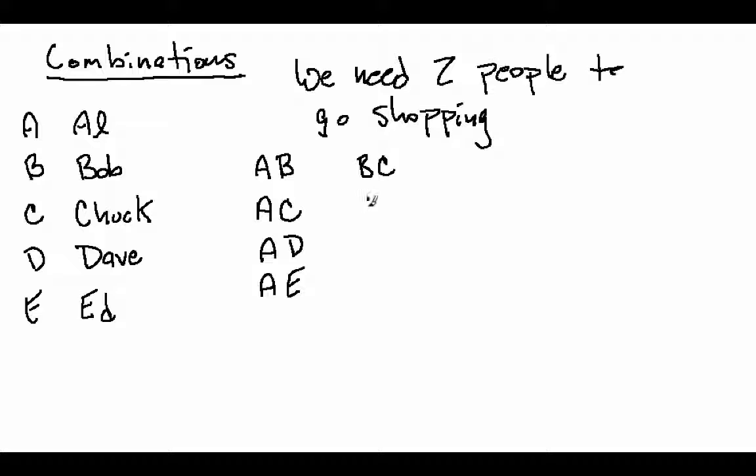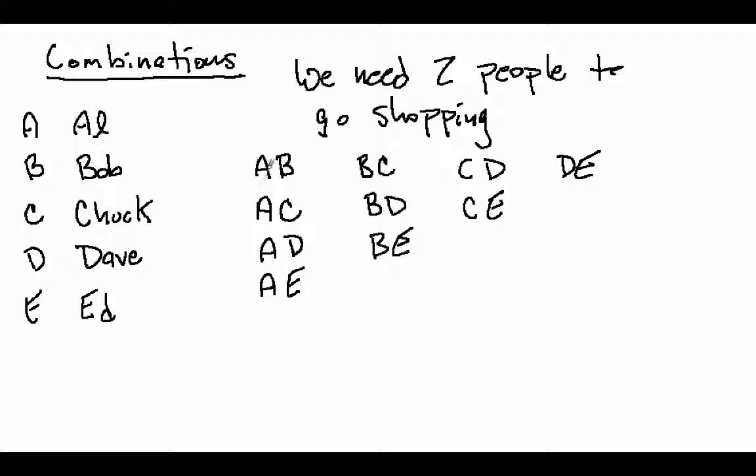I could go Bob with Dave. I could go Bob with Ed. All right. I could go Chuck with Dave, and I could go Chuck with Ed, and then I could do Dave with Ed.